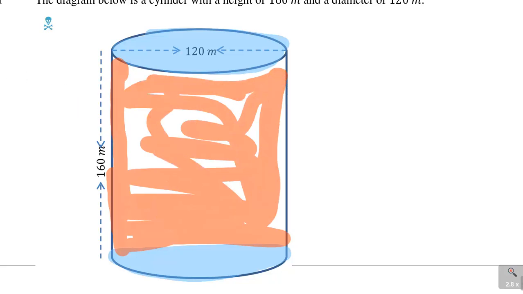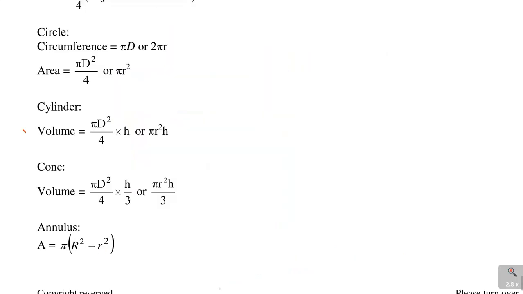So now what are you noticing? You have two parts. You have the top part and the bottom part. Now that is the area of a circle. Area of circle here, and even here you have got area of circle. Now the area of a circle, look at the formula and see, did they give you the area of a circle?